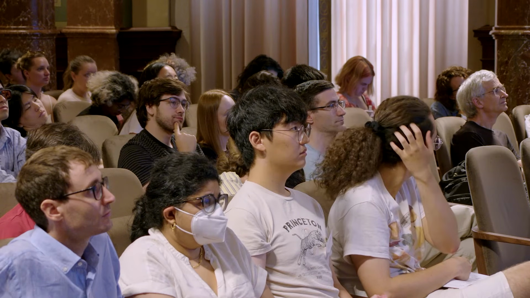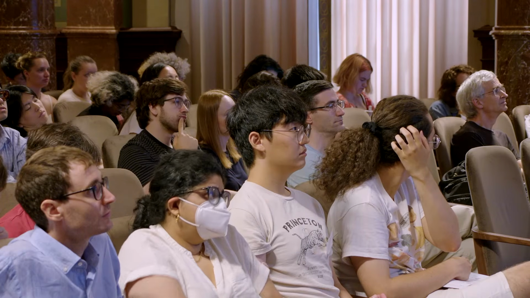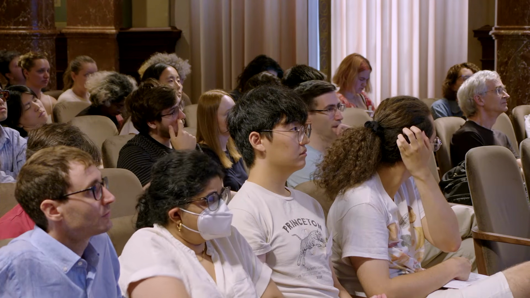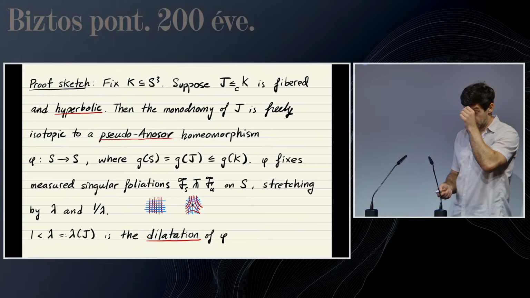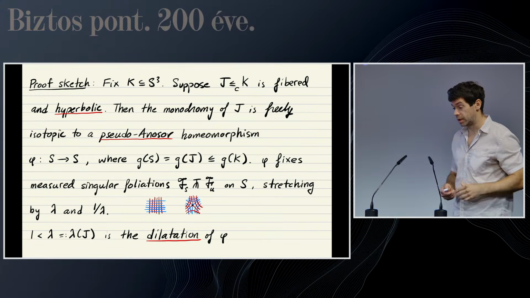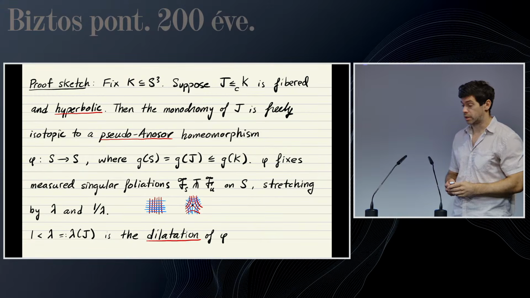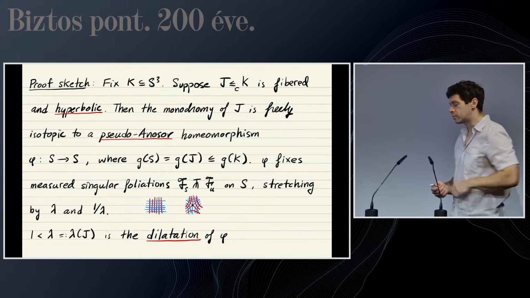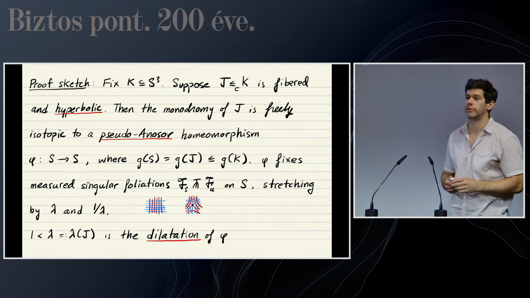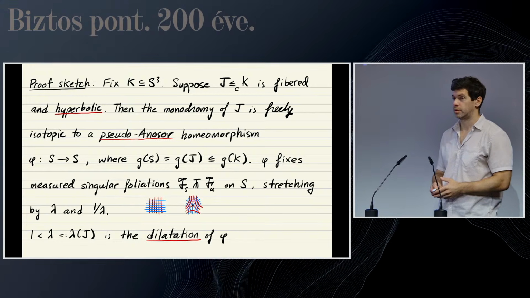All right, just to give you an idea if you haven't seen this before. Okay, but we're going to focus on this lambda. This lambda is always some real number bigger than 1, and it's what's called the stretch factor, or the dilatation of the map. And we'll use the notation lambda of J just to remember that this is in reference to the monodromy of J. Okay.